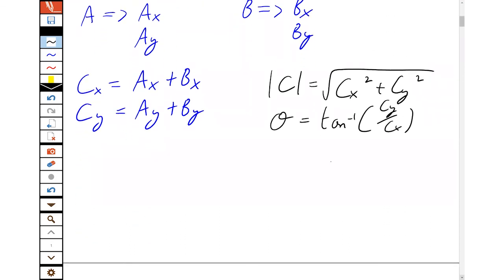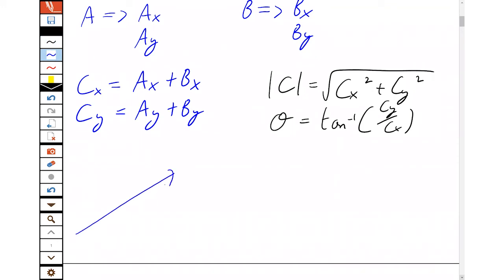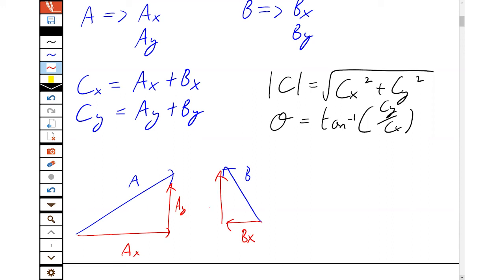Now visually, what's going on there? Well, we had A, so we broke that up into a horizontal component and a vertical component. We had B, which we broke up into a horizontal and vertical. So when we add them together, we find the components for X and Y of C. So onto a new page.